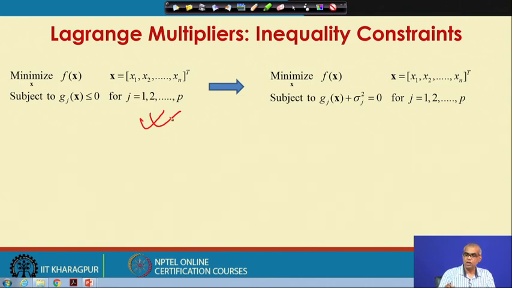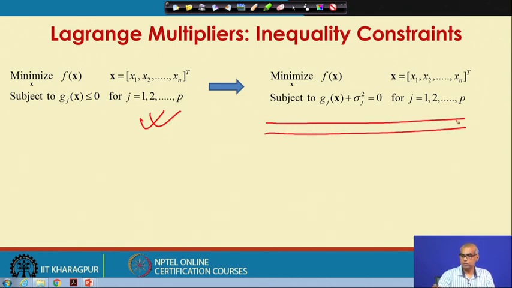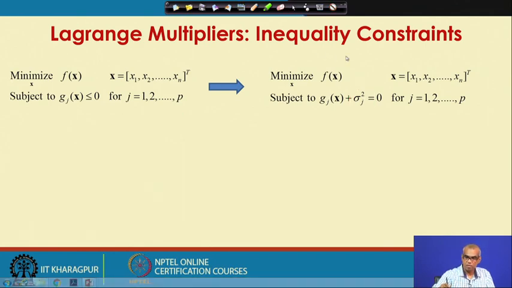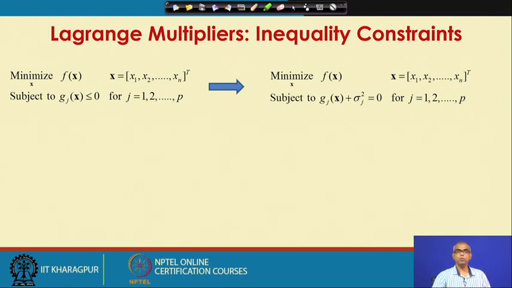I can convert it to an optimization problem with p equality constraints by adding p non-negative slack variables, which I represent as sigma_j square. So, if we have p inequality type constraints, you need to add p non-negative slack variables. So, this problem has now been converted to an equality constraint optimization problem.